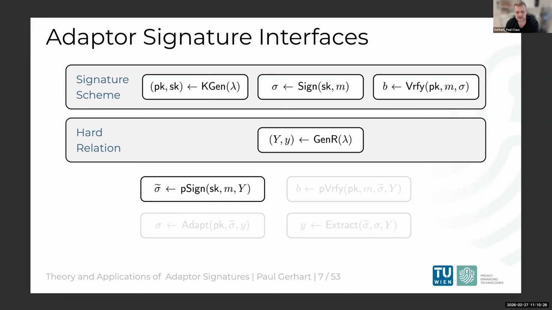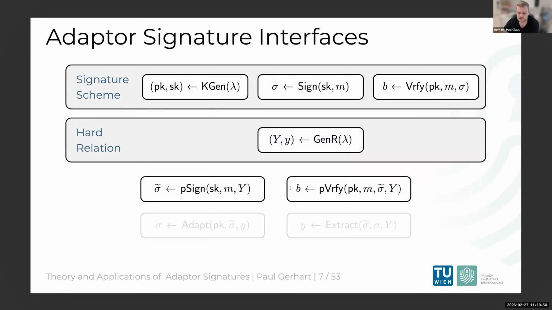If you have never heard about adapter signatures, imagine this pre-signature is kind of a verifiable encryption of a signature on M under the statement. The next algorithm is the pre-verification algorithm. It takes a message, a pre-signature, a statement, and a public key. You can see this as the verification that this encryption, or this pre-signature, is actually well-formed.